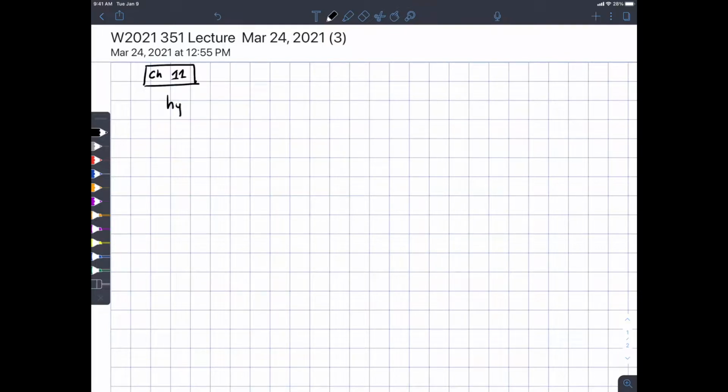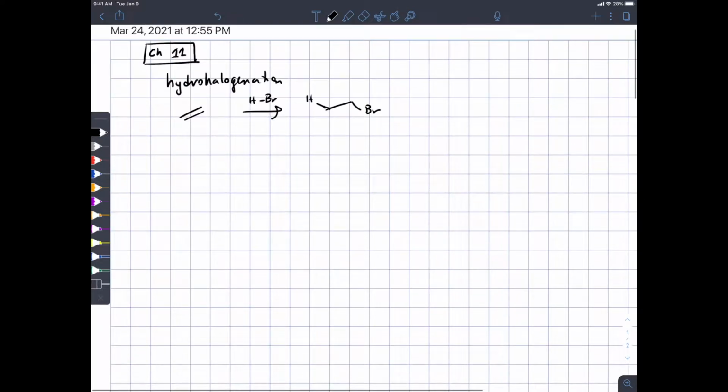So, for example, in Chapter 10, we did hydrohalogenation, where you would take an alkene and add HBr, and you would get the alkyl bromide as your product. If you use an alkyne, I'm sorry, I think I wanted to choose a starting material that was a little bit more complicated.